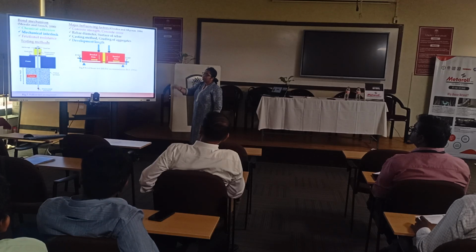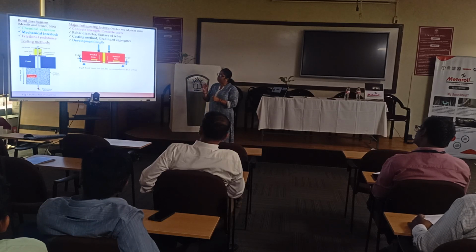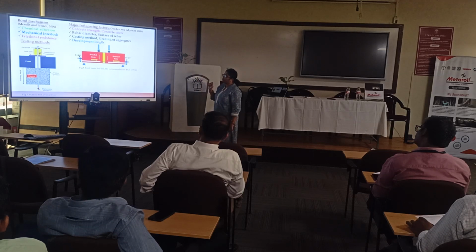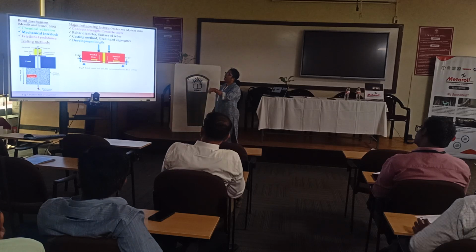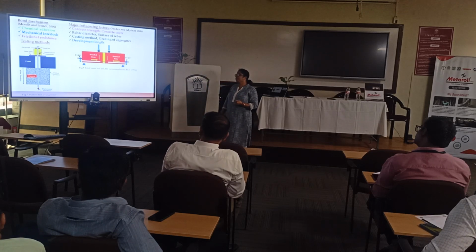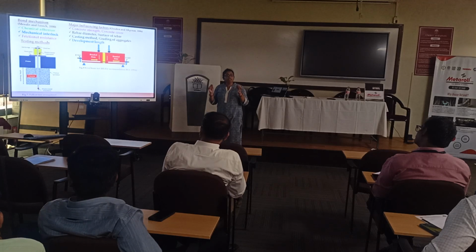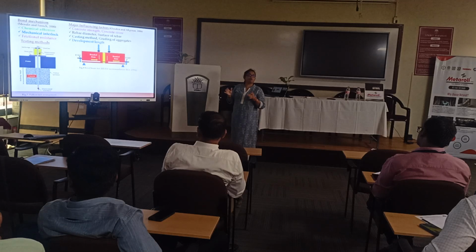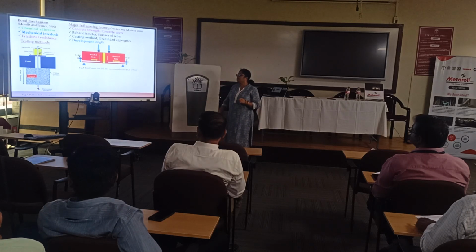We have LVDTs at the top and bottom, and we calculate the relative displacement of the steel and concrete through this mechanical loading and calculate the slip. The important parameters are the concrete strength, how much concrete cover is provided, the diameter of the steel bar, the grade of the steel bar, the casting methods, and whether the aggregate is properly packed or not. All of these things are mentioned.